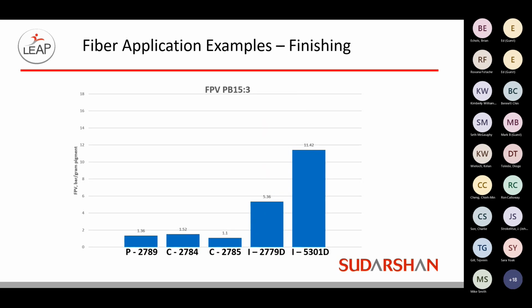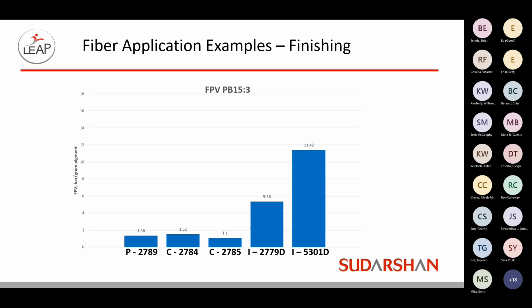Moving into that in-between period for the blue, the Pigment Blue 15.3. In this example, we chose 5 actual products, 1 plastics, 2 coatings, and 2 inks to demonstrate the finishing differences. In this particular case, the finishing steps that we imparted on these 2 coatings products do not impede the ability to have options for fiber. So all 3 of these products are acceptable to be used in fiber applications.